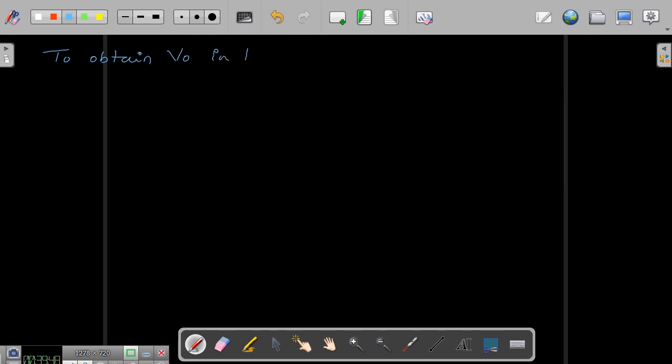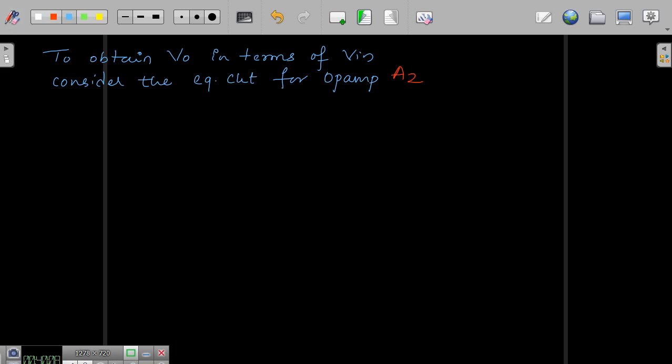in terms of V in, consider the equivalent circuit for the op-amp A2. So how does your circuit look like? I have one op-amp here.